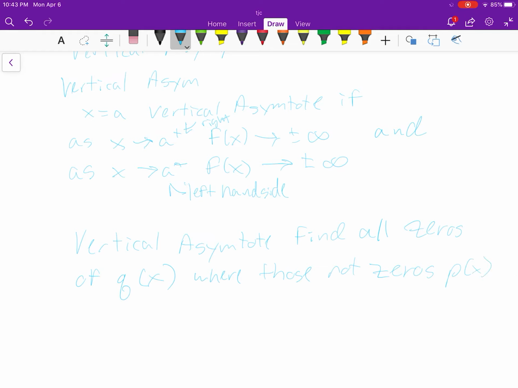So we're looking for all factors of q of x that are zeros. So we have the factors of 0 that aren't zero factors of the numerator. Okay, and if there are those, then they are vertical asymptotes.